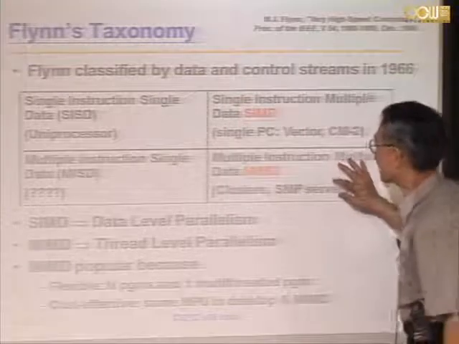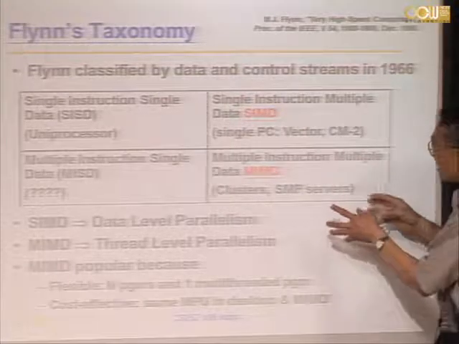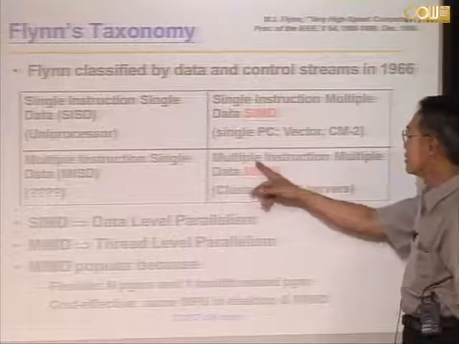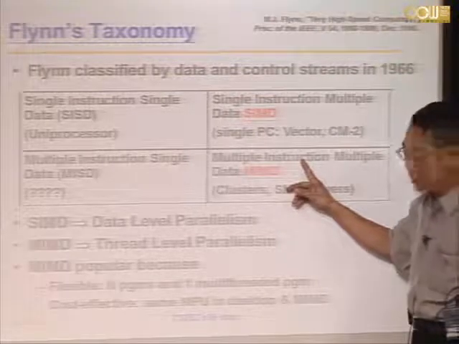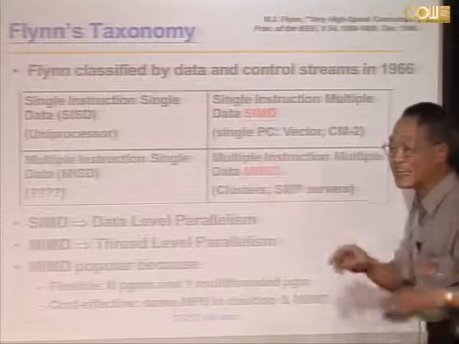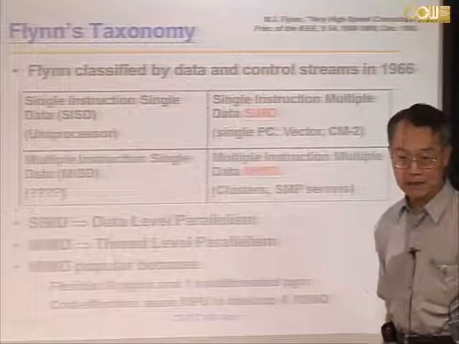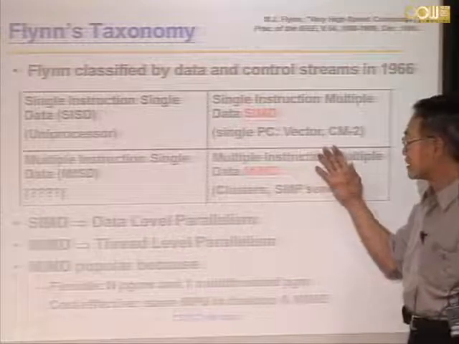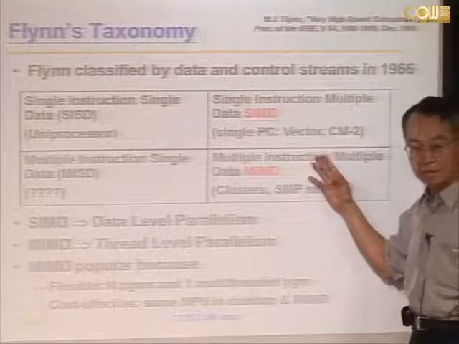And these systems may include many processors in order to handle multiple instruction streams. They each can do independent jobs, or they can do different routines from the same job.